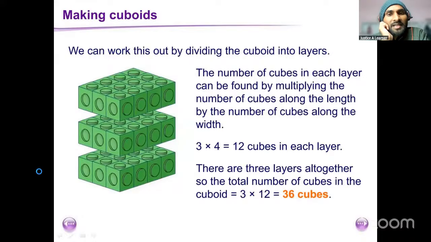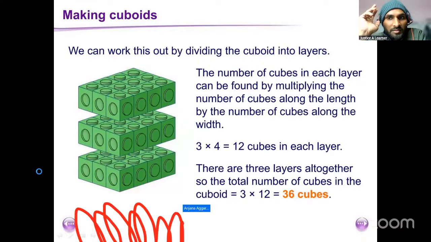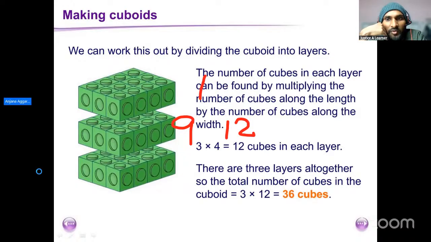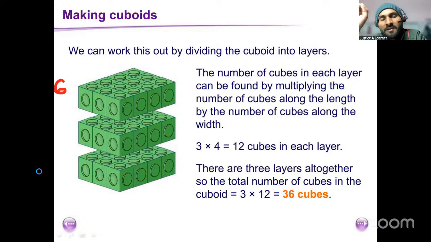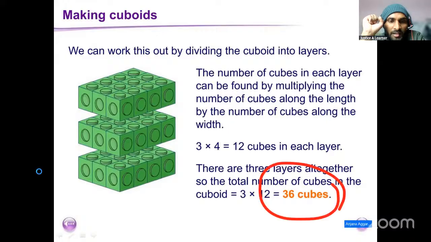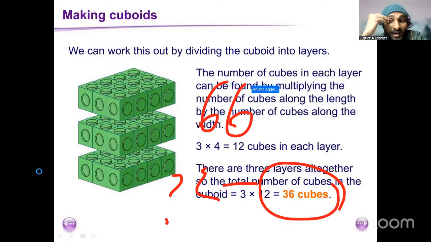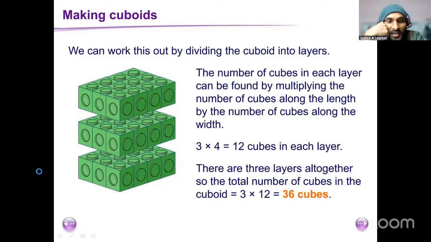We can work this out by dividing the cuboid into layers. So we have these layers. The number of cubes in each layer can be found by multiplying the number of cubes along the length by the number of cubes along the width. Firstly, understand, then you will find out how 36 cubes are found here.